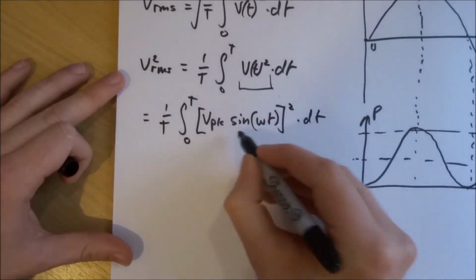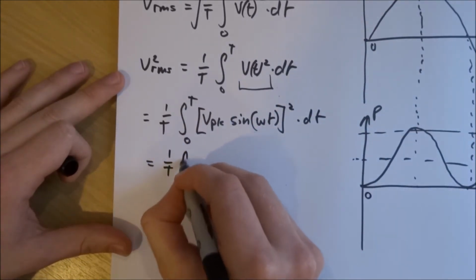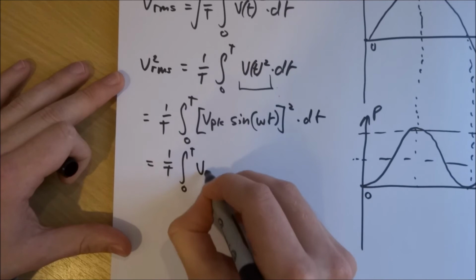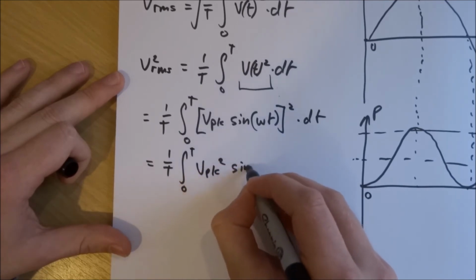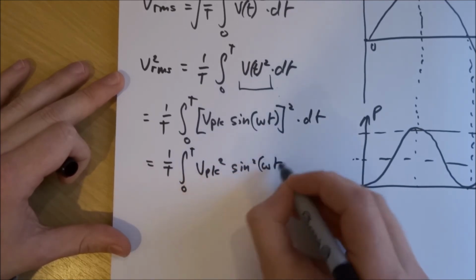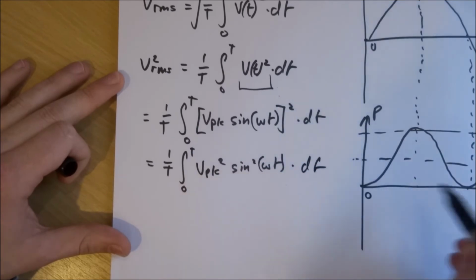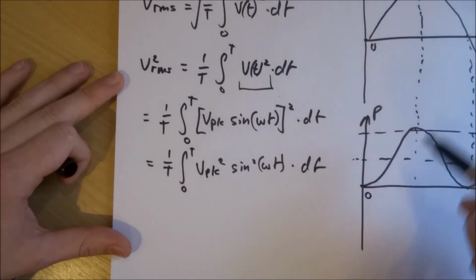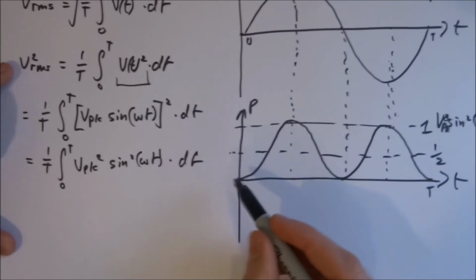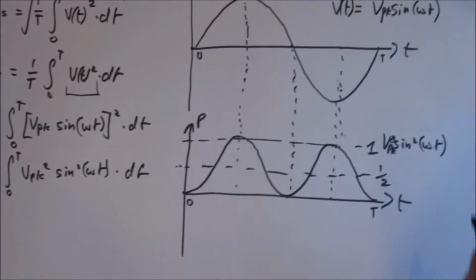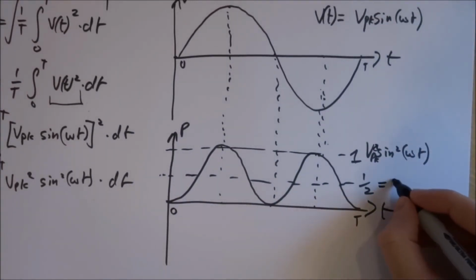Which of course, if I take my square inside, becomes V peak squared times the sine squared of omega t dt. So we're now dealing with this waveform. We've squared the voltage, and we've given ourselves a new waveform, which is the sine squared. And the average of it is a half.